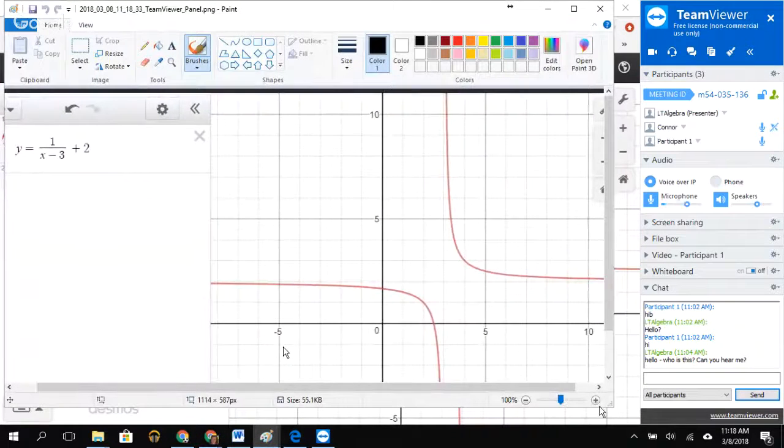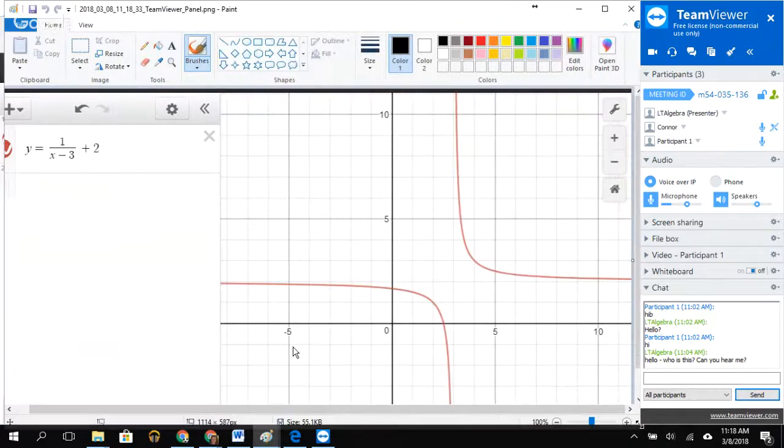Okay, so here's my pretty graph, right? And let's start with the x's. Let's always start with the domain. The domain is what x's are true. It looks like everything is true for my equation, except I have an asymptote right here at x equals 3.